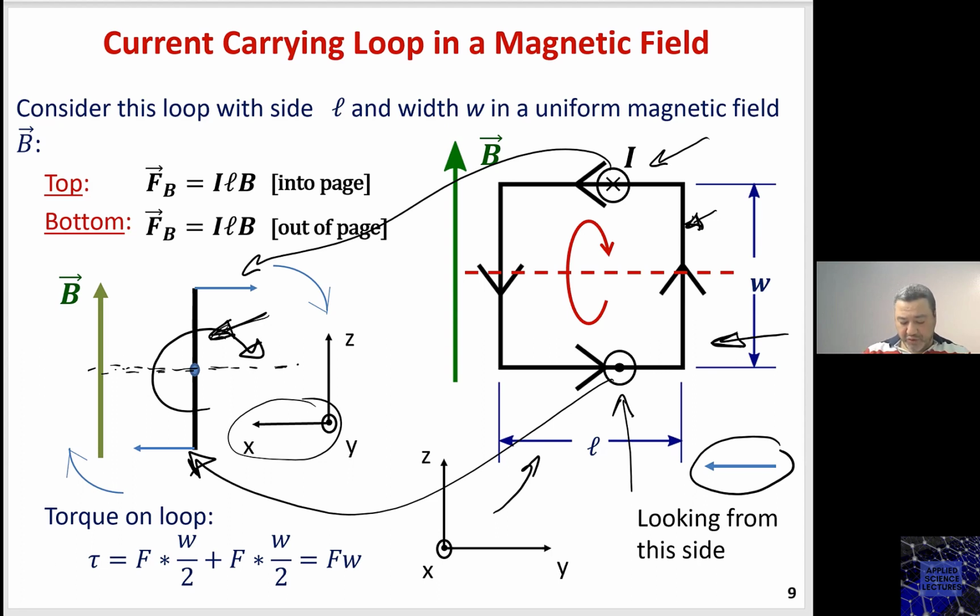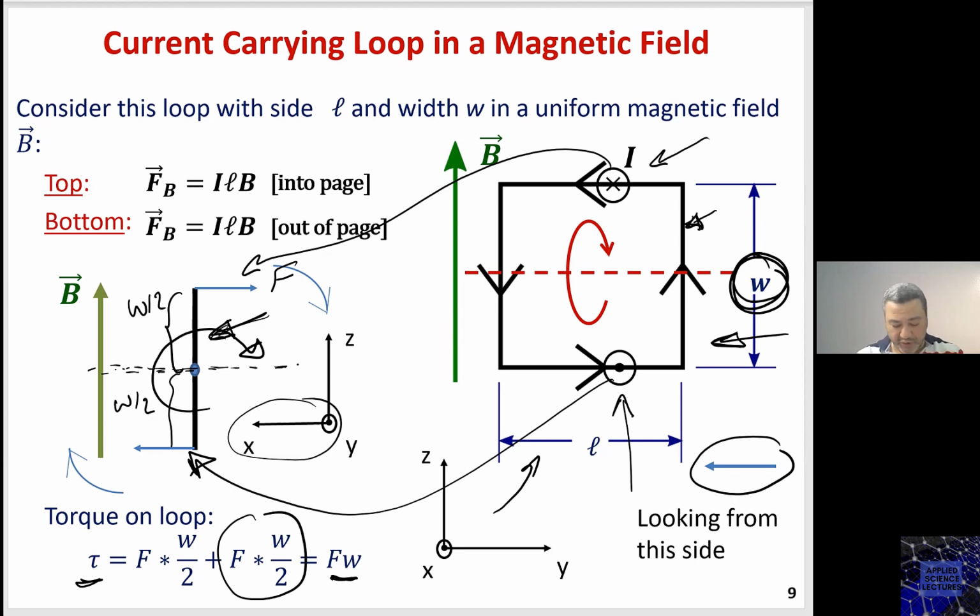So how much is that torque? This torque, tau, is the force F times W over 2, plus F times W over 2 as well for this side. So the total would be FW. That's the total torque applied on this loop, which is the length of this side times the magnitude of the force applied on this loop.